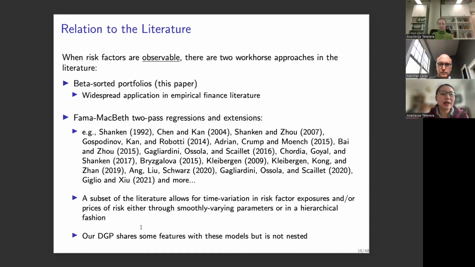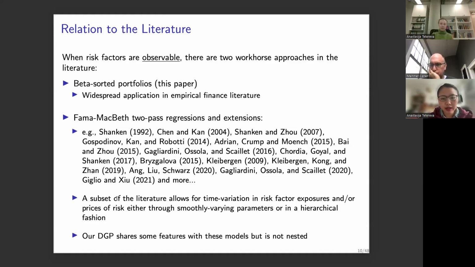Okay, I mentioned a bit on the relationship to the literature. There are many papers on unobservable factors estimated using, for example, the PCA approach. In this case, we focus mainly on risk factors that are observable. We are related, of course, to Fama-MacBeth two-pass regressions.